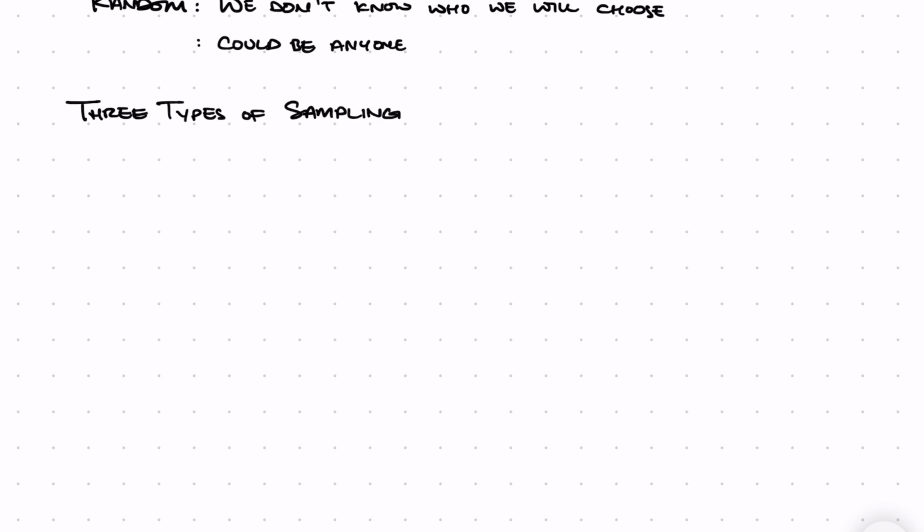Sampling is the act of choosing who your sample is. So now there are 3 types that we're going to cover today. And there's usually more, but in this year, we only need to know 3. And these 3 are the more popular ones as well. So let's start with the first one. It's going to be simple random sampling.